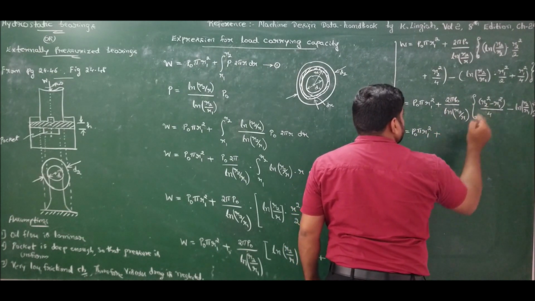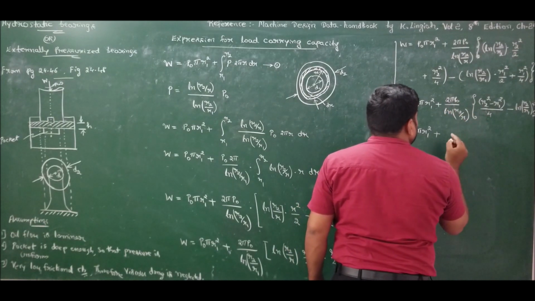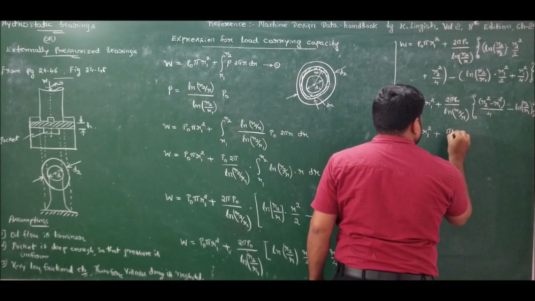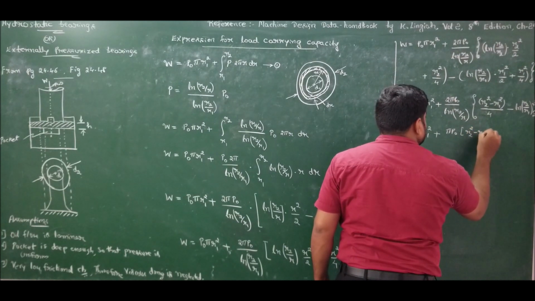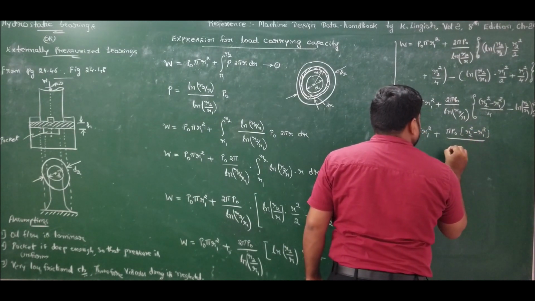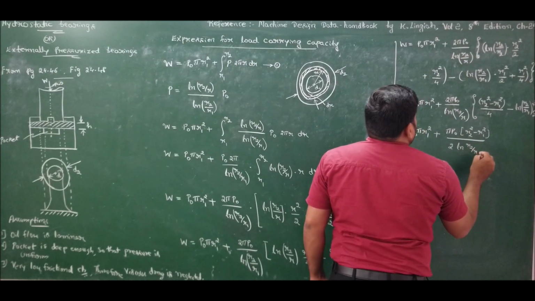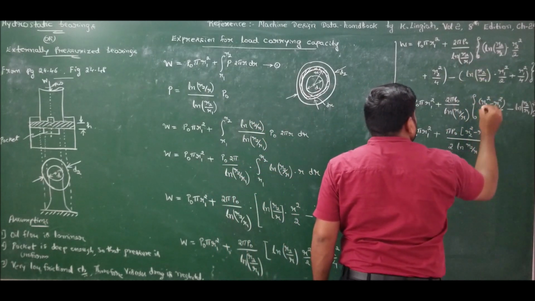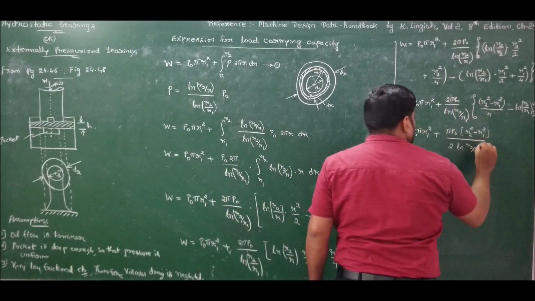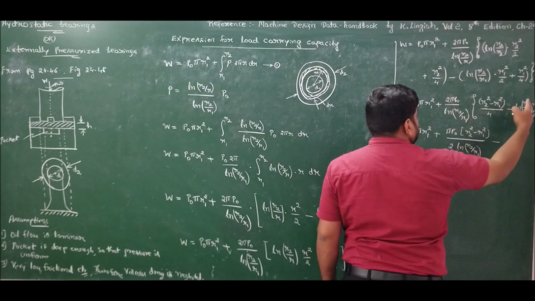plus, if I multiply, I will get here 2 and here 4. If I remove that, I will get pi P naught times R2 square minus R1 square divided by 2 into ln of R2 by R1, plus into minus minus, this term and this term will get cancelled.